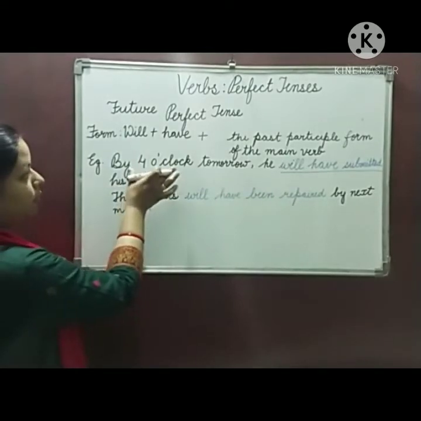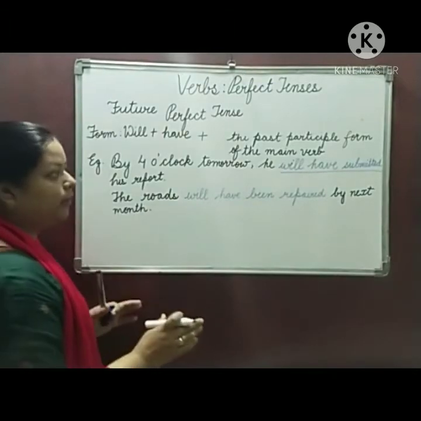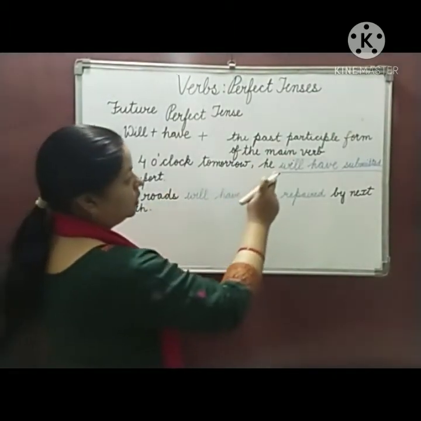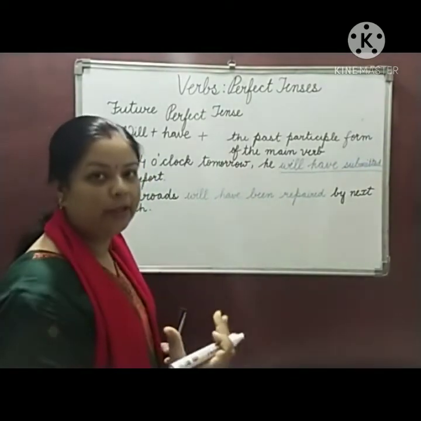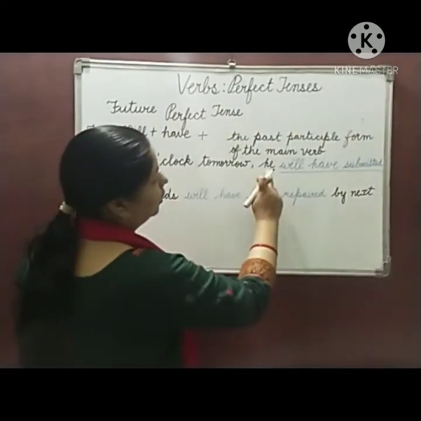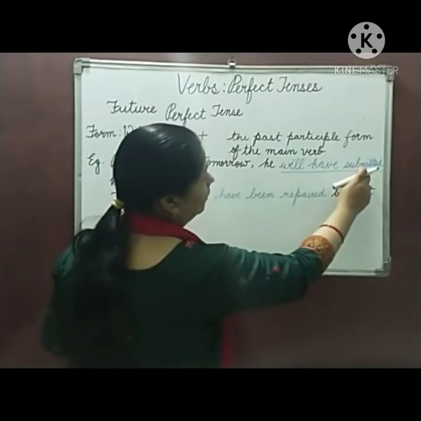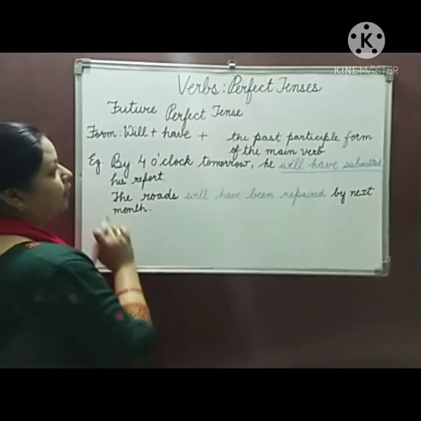So here a specific time is given, by 4 o'clock tomorrow, and by that time the action will be completed. It talks about the future, any action that will happen at a specific point of time. So here, he will have submitted.